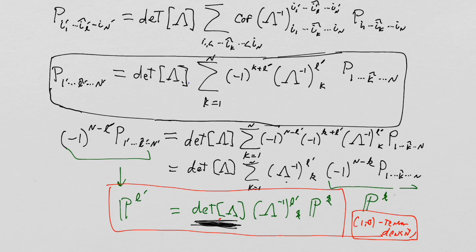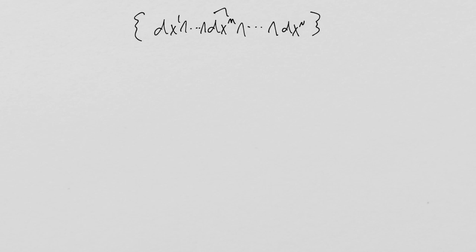Now, in many treatments, what they'll do is they will assign this sign factor not to these components, but to the basis vectors themselves. And what they'll say is that the set of basis vectors is dx1 wedge dx2 and so on, with dxm omitted, and these are all wedged together, wedge dxn.